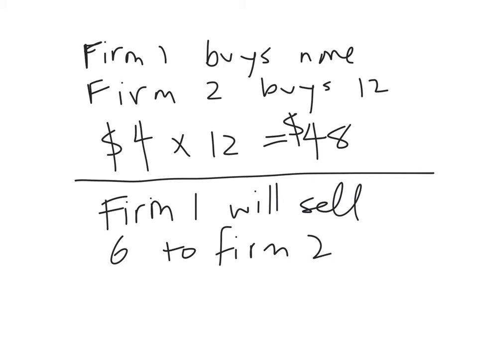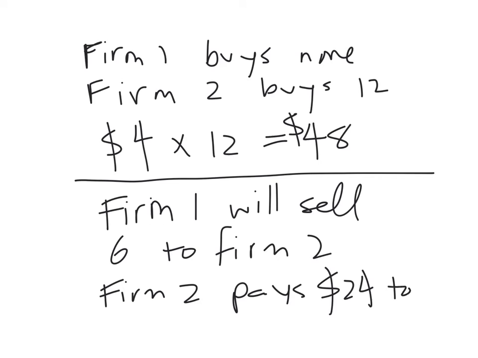They're going to be worth $4 a pop, and so firm 2 pays $24 to firm 1 for 6 permits. Now remember, this is a good illustration of what we talked about in class. When the permits are auctioned off, the government gets $48 of revenue.